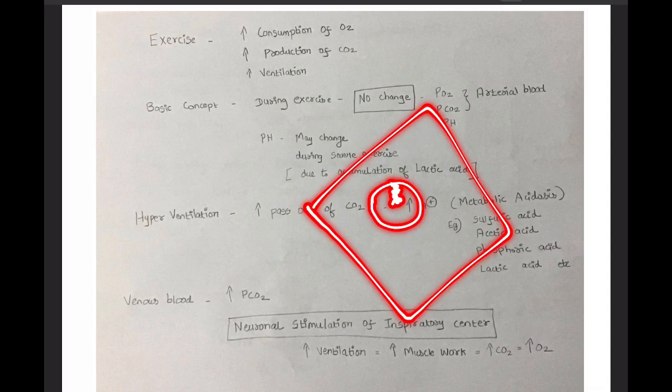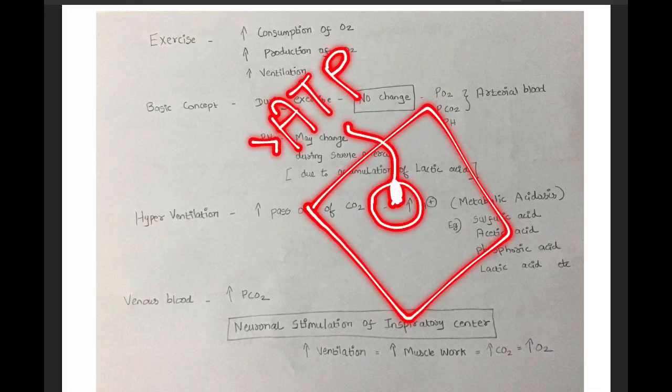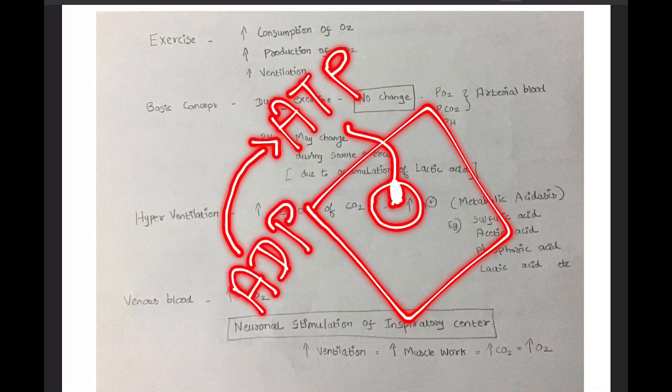The energy is carried by the ATP, adenosine triphosphate, and adenosine triphosphate is formed from the ADP, and this energy comes from the breakdown of bigger molecules such as glucose with the help of oxygen.